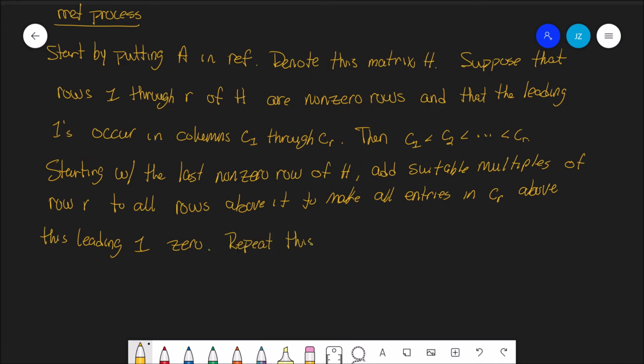Repeat this process for rows R minus 1 through row 2. This will make all entries above a leading one equal to 0. This will now result in a matrix in RREF.